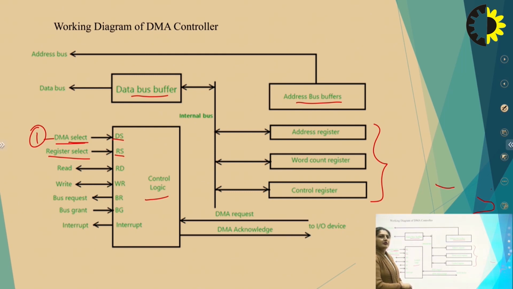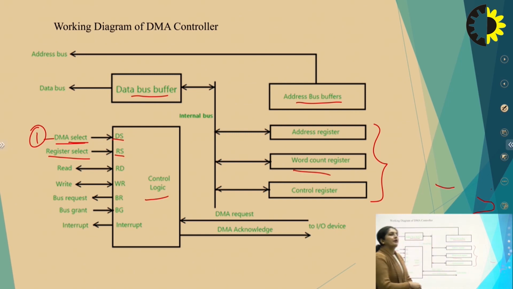So what are the functions of these registers? The address register denotes the address in the memory where the data is, the particular location on which we have to perform the read or write operation. That's the address. What is the word count?